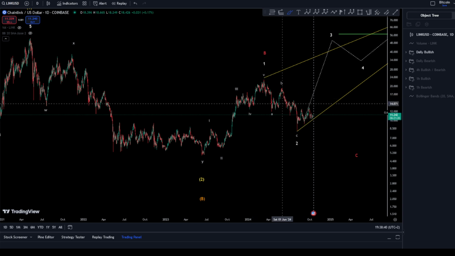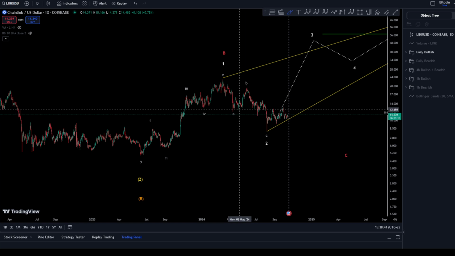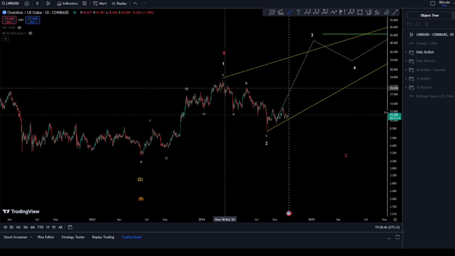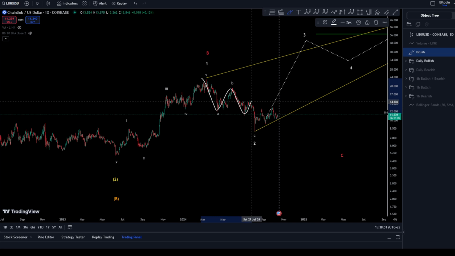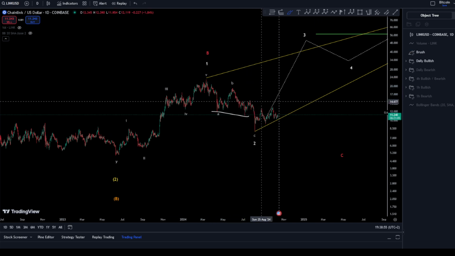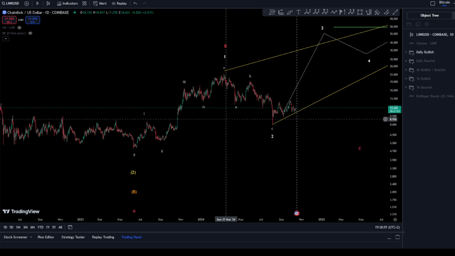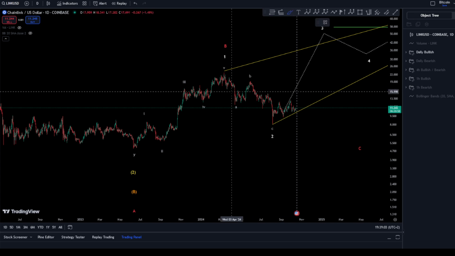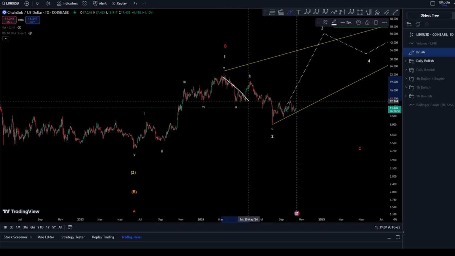We're going to see this, of course, much better on the 4 hour chart. However, you can count this very easily as 1, 2, 3, 4, and 5 as a contracting diagonal towards the downside. And this, of course, makes some difference with your counting, and it turns it somehow into a bearish scenario where this contracting diagonal becomes your wave 1 towards the downside.